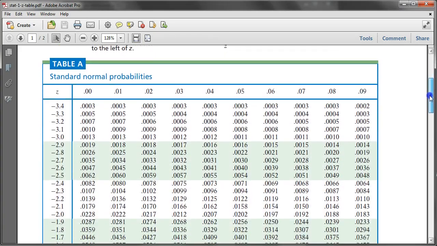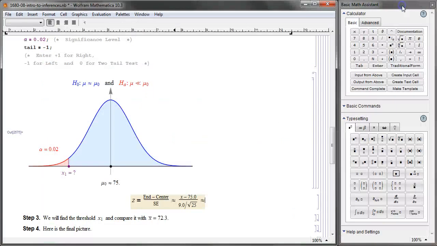So let's look for 0.02 around here, and this is what I got. This value is the closest, 0.0202. So approximately speaking, negative 2.05. Negative 2.05 is going to be the equation to solve.